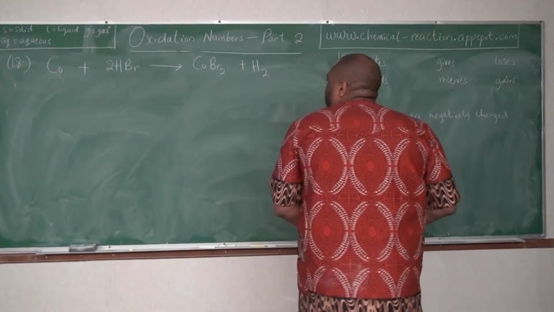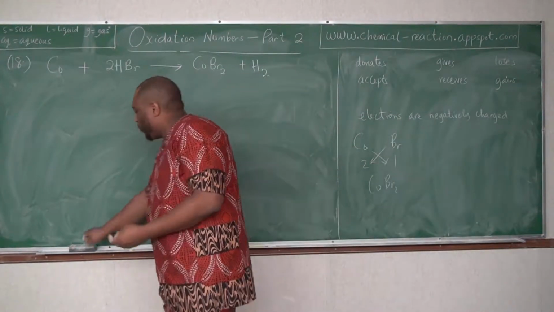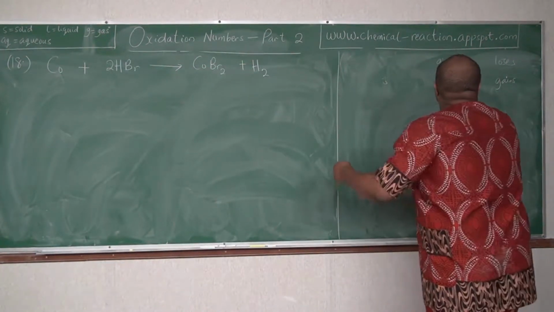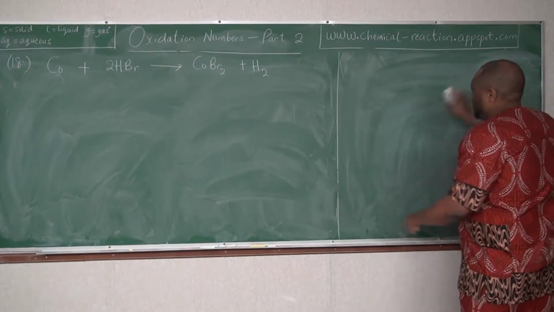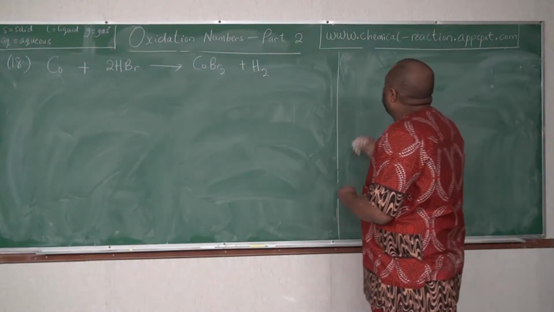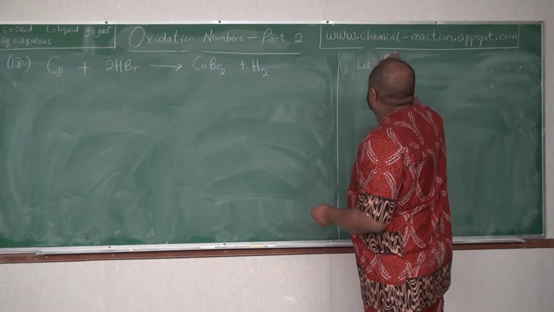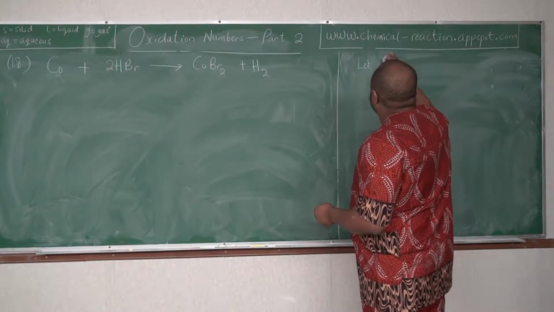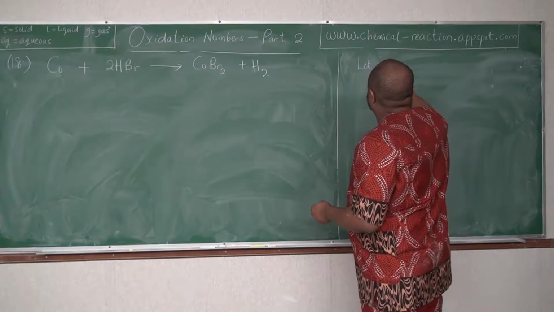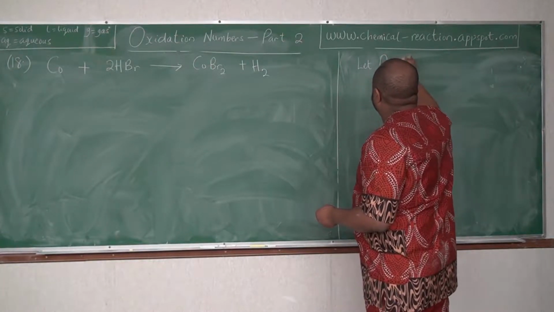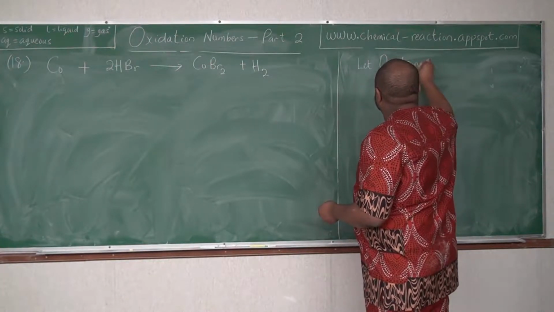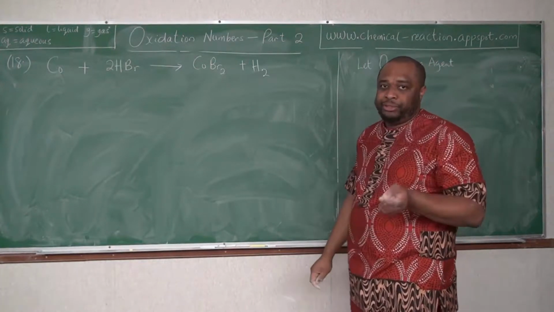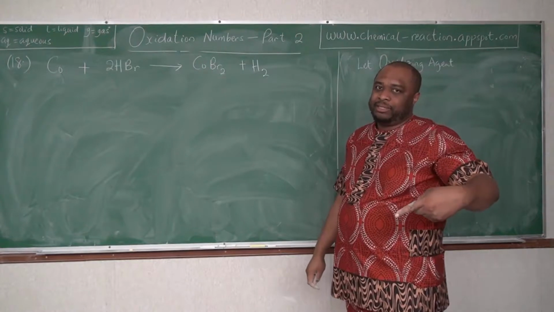We're going to write here, let's just state the oxidizing agent as OA. If you see me write OA, remember it's an agent, it's always going to be reduced because it will make the other guy oxidized.